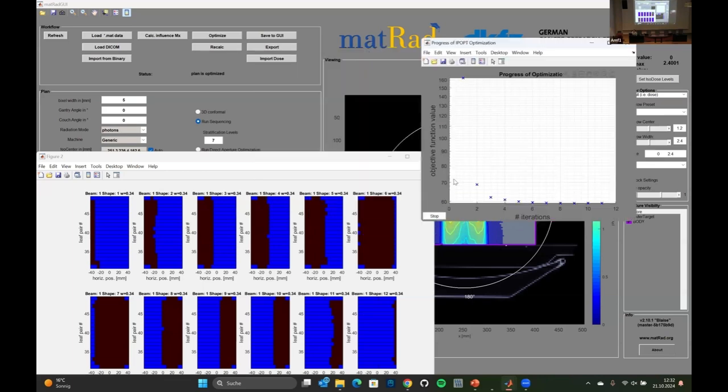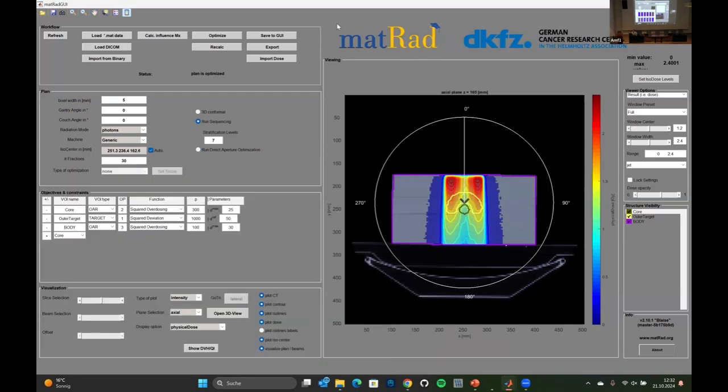But what you see is exactly calculating a function from a starting point and making this function smaller. With one beam, there's not much to optimize. You cannot do much with one photon beam. But our optimizer will already try to reduce the dose in the organ at risk, while trying to increase the dose in regions which do not pass through the organ at risk.